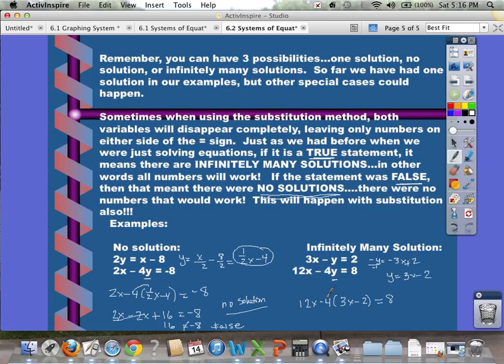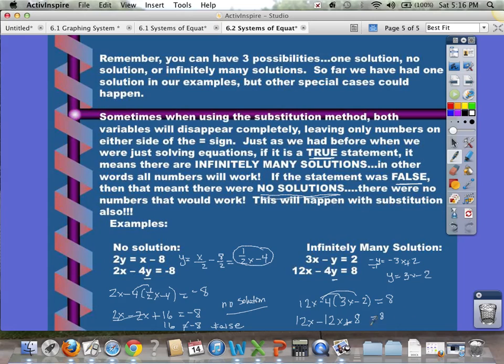And then I'm going to distribute. And then I'm going to end up with 12x minus 12x. Negative 4 times a negative 2 is a positive 8 equals 8.